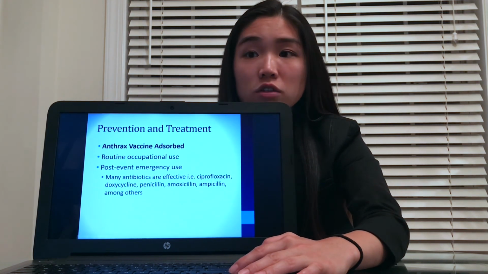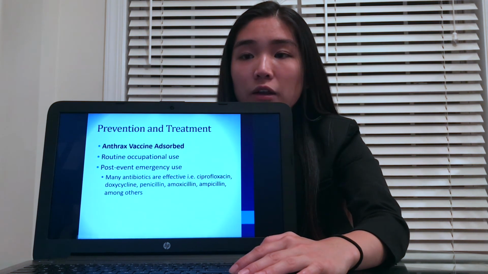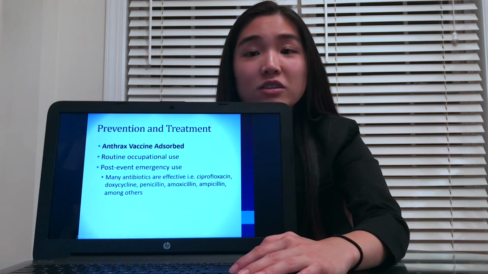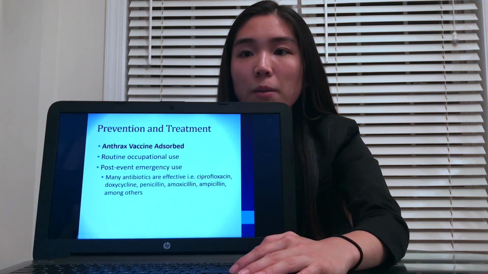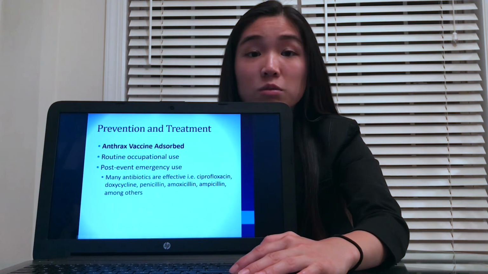The antibiotics are used for people who have been exposed but have not developed symptoms, and many antibiotics are effective. This includes ciprofloxacin and doxycycline, penicillin, amoxicillin, and ampicillin. If someone has symptoms of anthrax, it is important to receive medical care as quickly as possible.